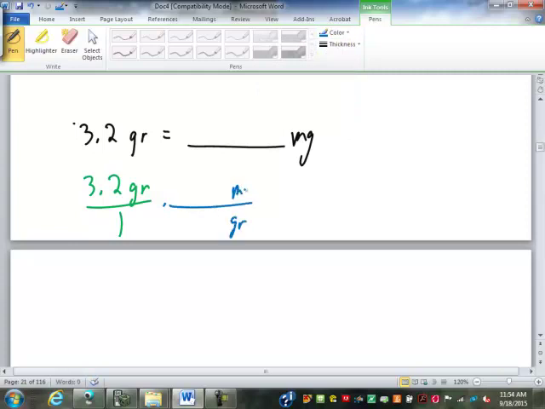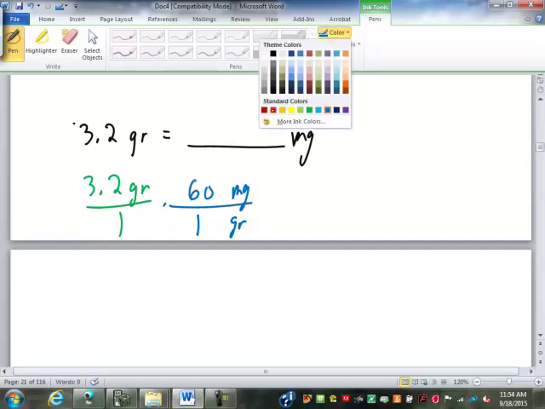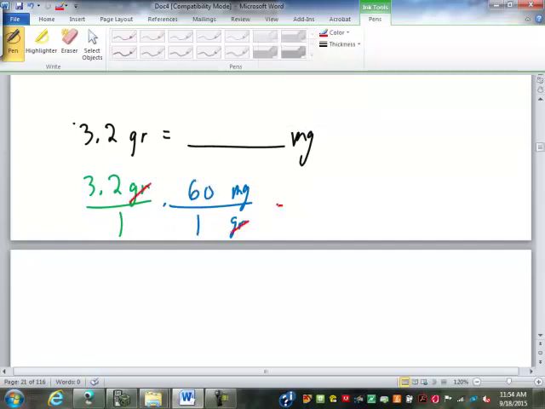Grains on bottom, milligrams on top. 1 grain, 60 milligrams. Cross cancel the grains. 3.2 times 60, 192 milligrams. 1 times 1 is 1, so it's just over 1. So 3.2 grains is 192 milligrams.